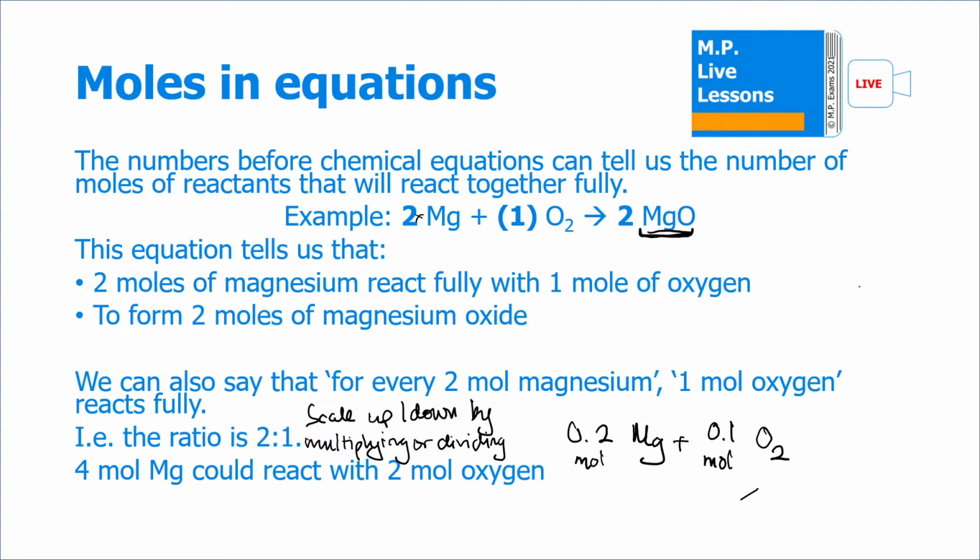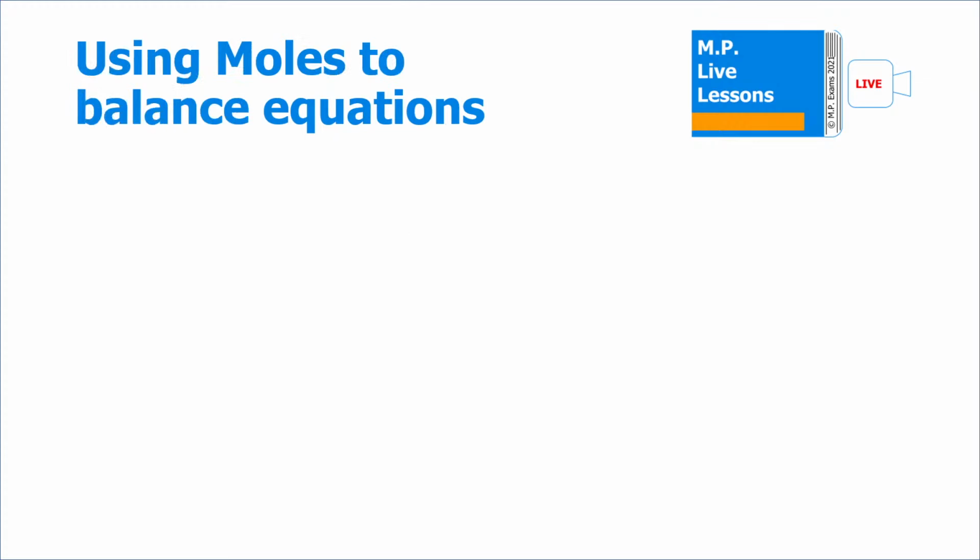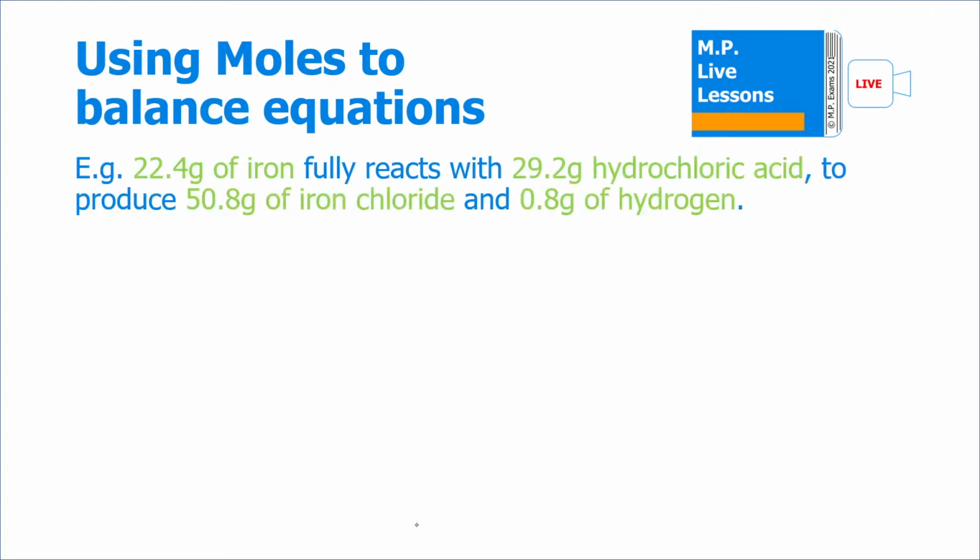Now, the first bit of higher tier is using moles to balance equations. So first, we've got this 22.4 grams of iron fully reacts with 29.2 grams of hydrochloric acid to produce 50.8 grams of iron chloride and 0.8 grams of hydrogen. And we've got an incomplete, unbalanced equation here.